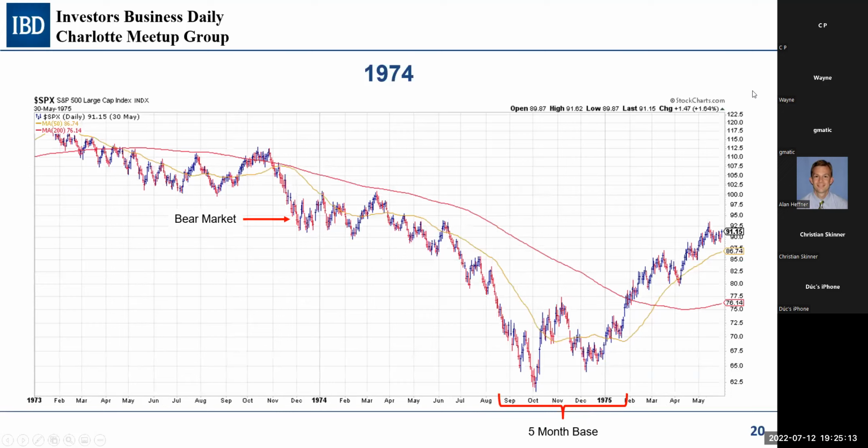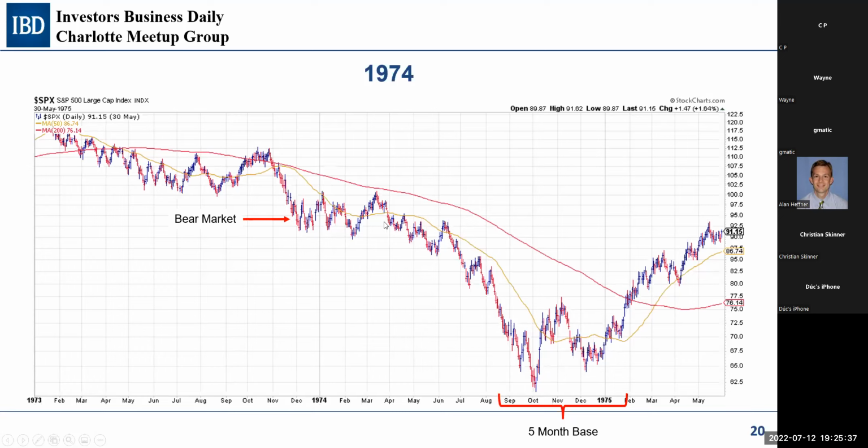In 1974, a protracted bear market from the time it first hit a bear market, down 20%. Notice the close to a year in bottoming action, from November to October a year later. Again, just another grinding bear market, which could be the case this time.